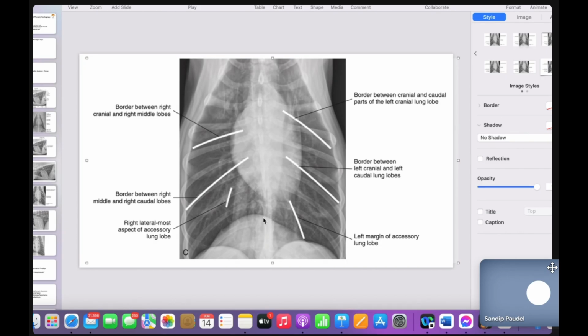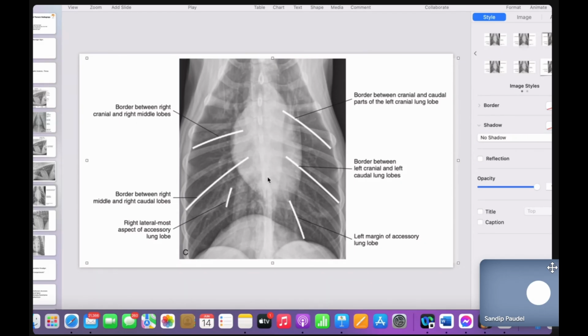We can find this reference anytime, anywhere. But let's try to understand. This is the heart, and this is the mediastinal area right here. The mediastinum runs all the way from the cranial to the caudal. So right here, this area is the mediastinal area.